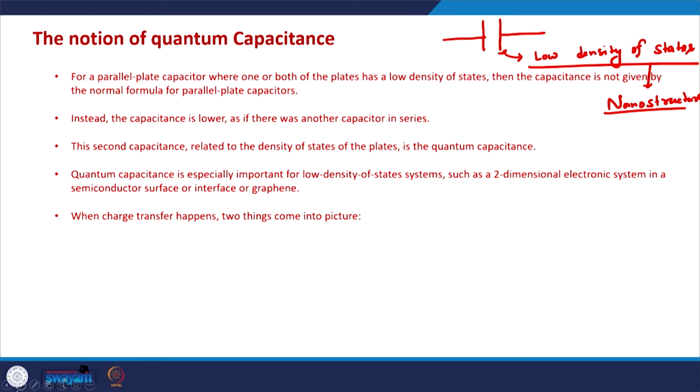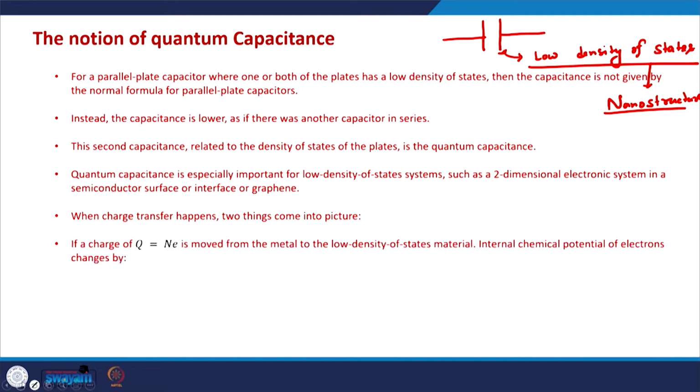And because of this charge transfer, because of this change in the charge on the other plate, let's say that n number of electrons are transferred, or let's say we put a charge which is n times E. So the charge on the big plate is n times E. So the similar charge will appear on the other plate, on this smaller plate, on this low density of states plate or the nanostructure plate of the capacitor.